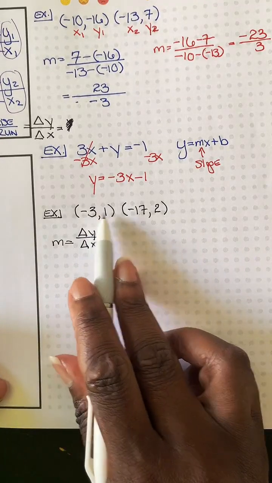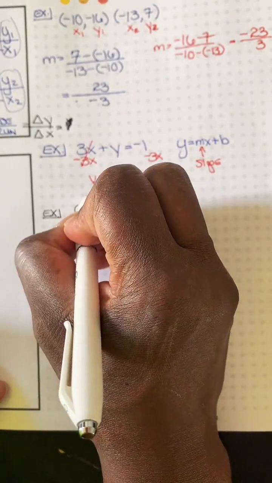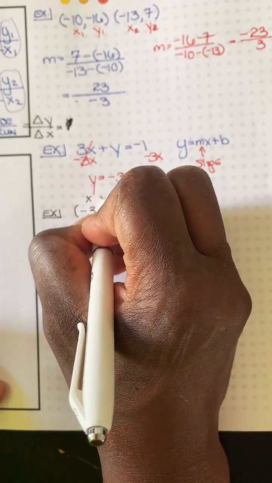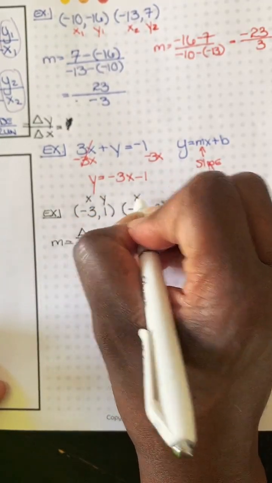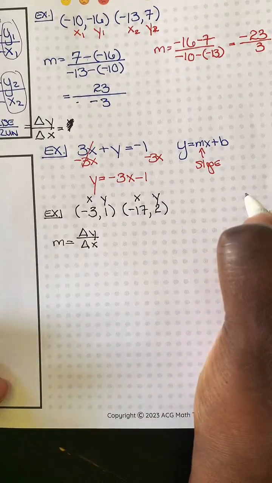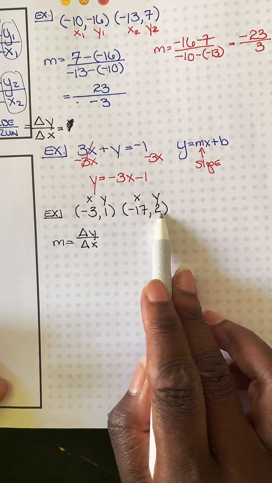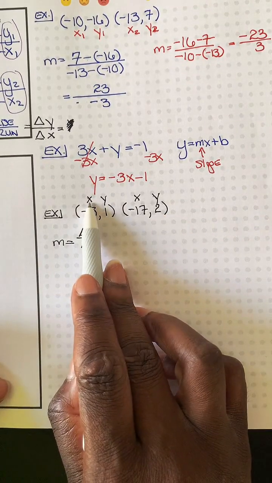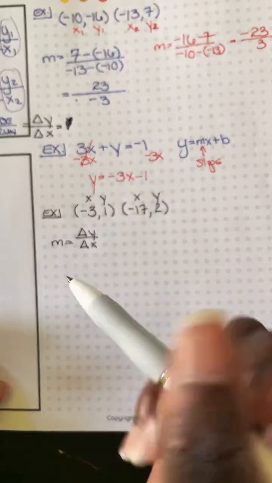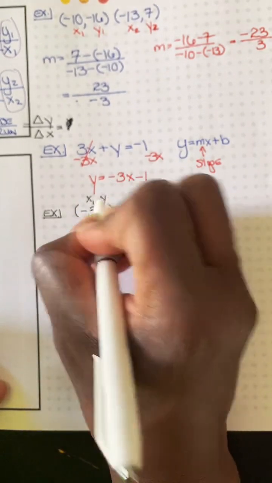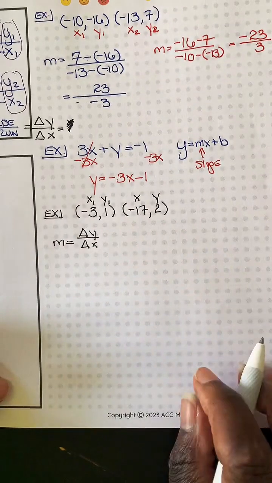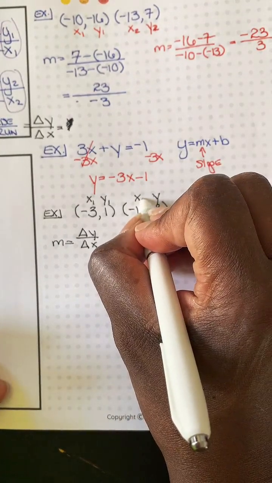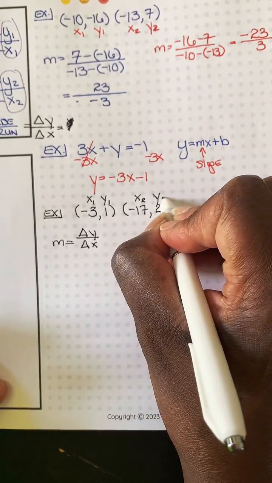The way we read ordered pairs is x, then y. Think of the alphabet: X, Y, Z. Since we read from left to right, this first point is my x sub 1 and my y sub 1. This will be my x sub 2 and my y sub 2.